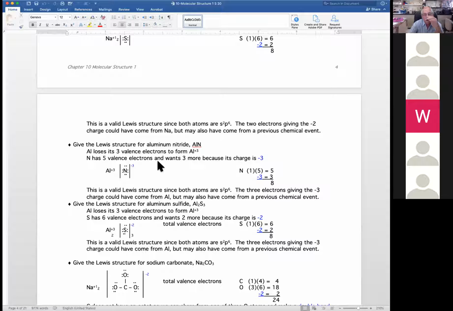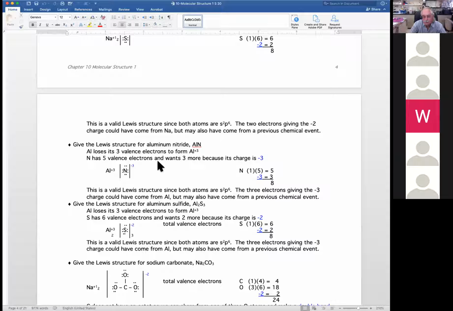So if you follow the procedures, right? As it turns out, we count up all the valence electrons. It doesn't matter where they came from, what atom they came from. And the idea is that every atom, no matter what, whether it's in a covalent compound or an ionic compound, will try to become like a noble gas if it can.